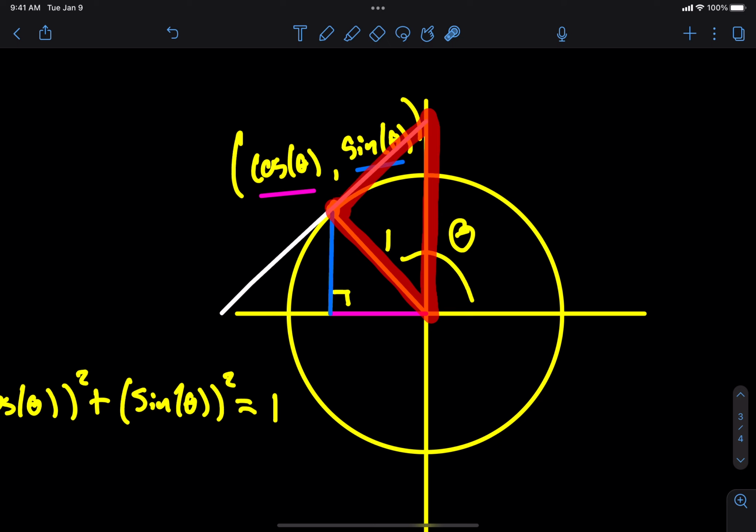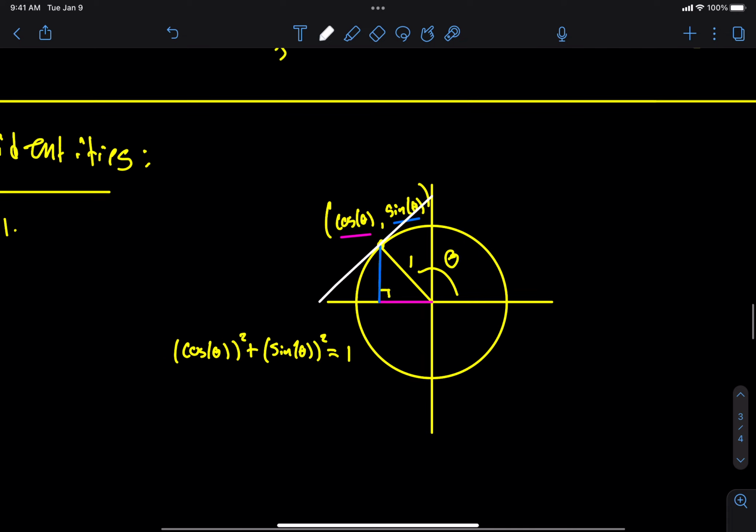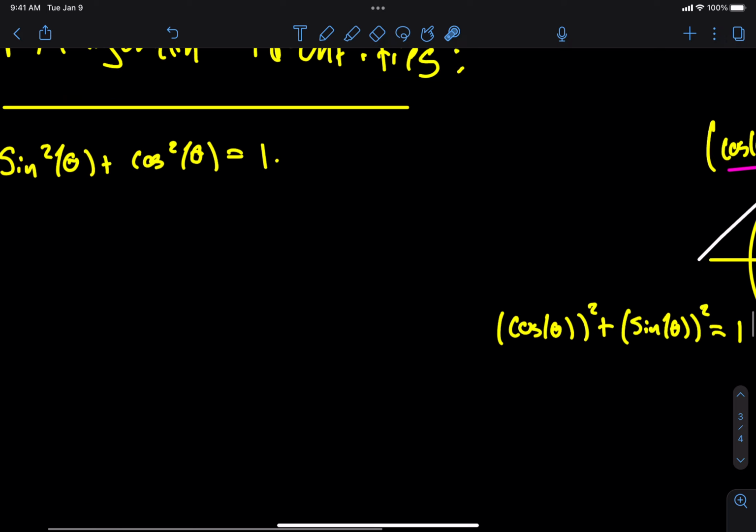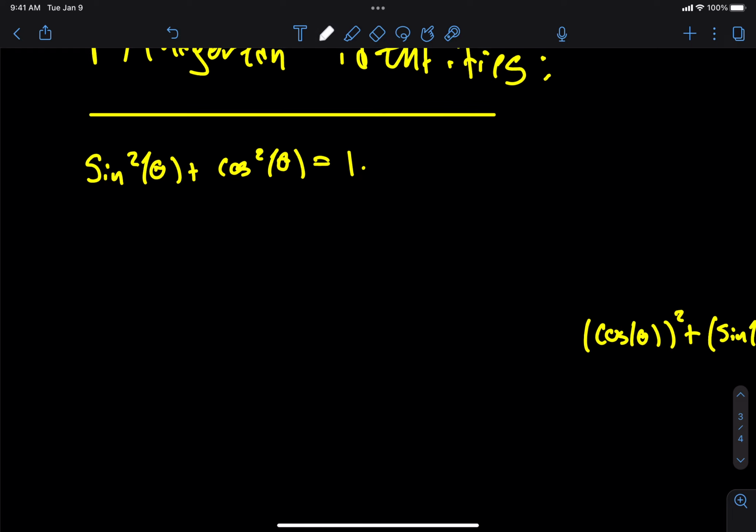The lengths of the sides of these triangles are tangent, cotangent, secant, and cosecant, okay? So you're going to get more Pythagorean identities from those triangles, which you can derive geometrically if you prefer, but I think it's kind of hard to remember. So what I recommend is to just remember this one, and remember the following. To get the other two, you're going to divide everything by this or by this, okay?